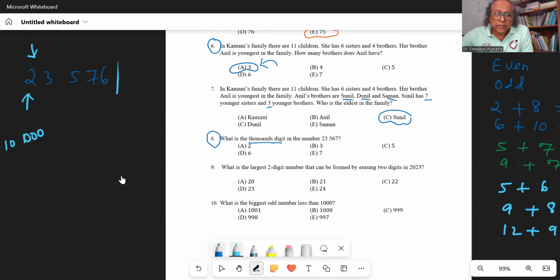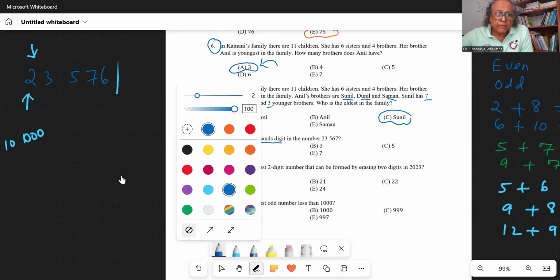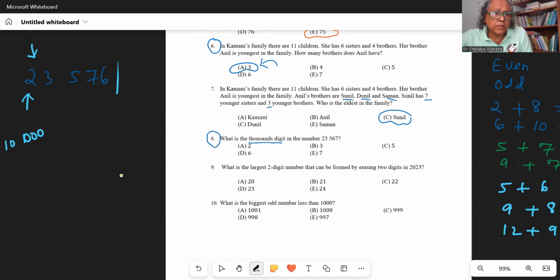And if you look at this digit here, again, not just 3, it is in the thousands place, the 4th place from the right. So it says that there are 3,000s. This digit 3 says that I'm representing 1,000, and there are 3 of them. So what is the thousands digit?